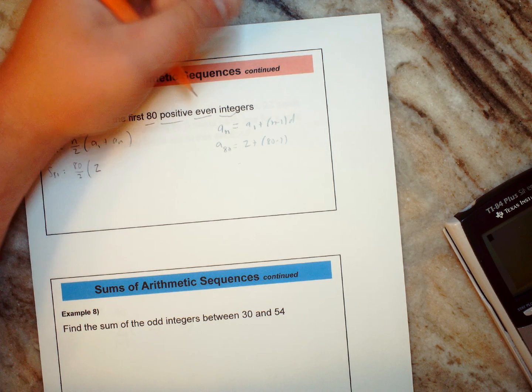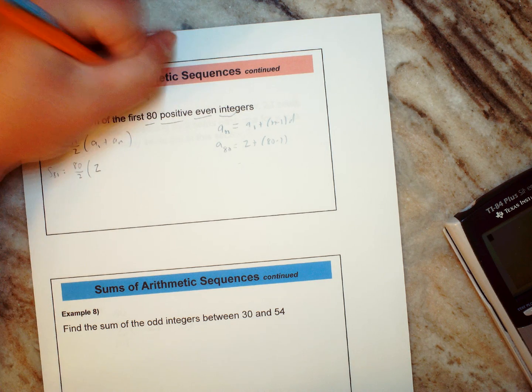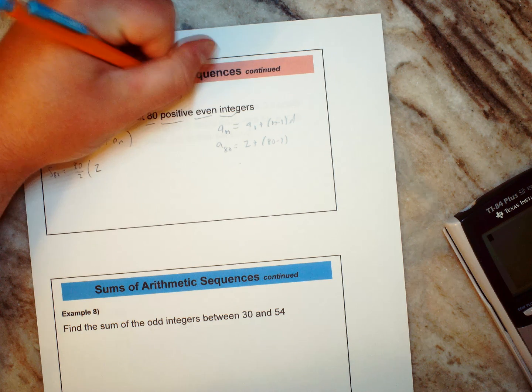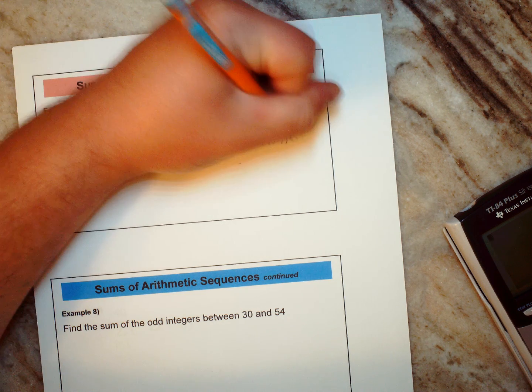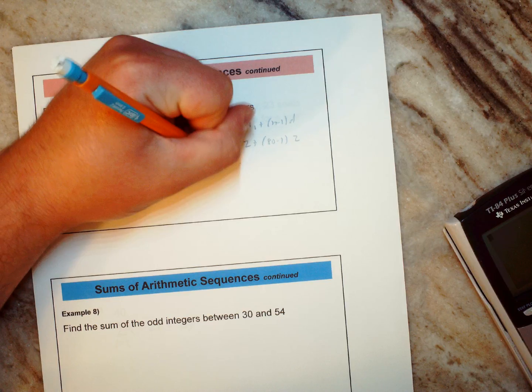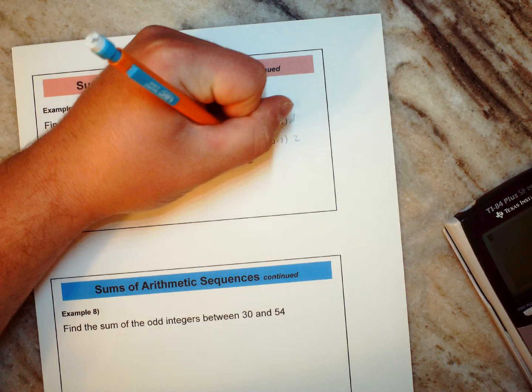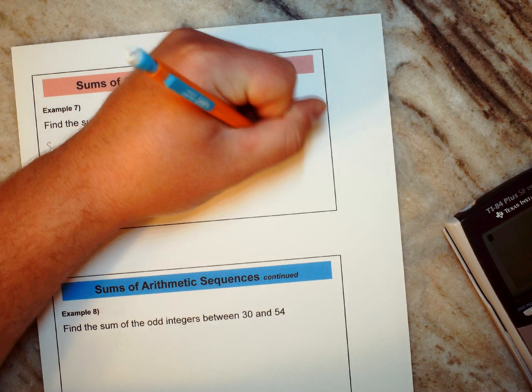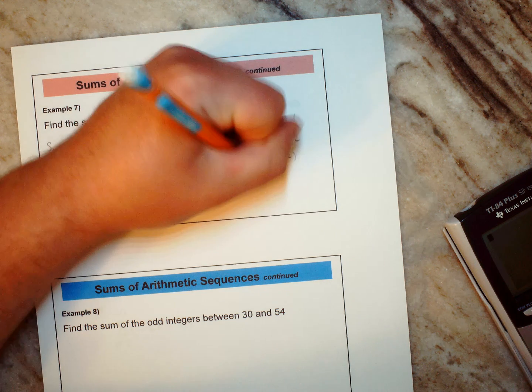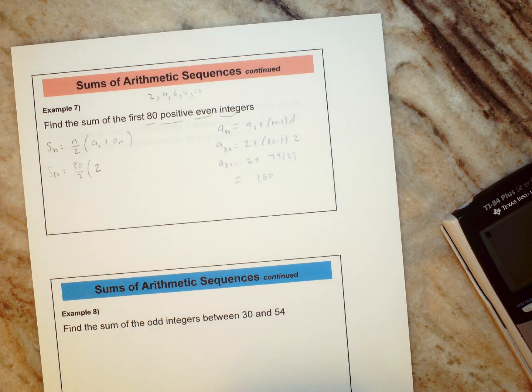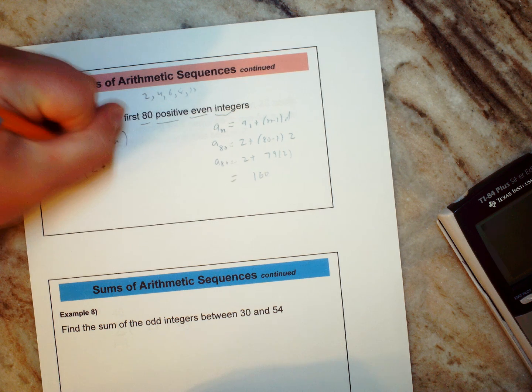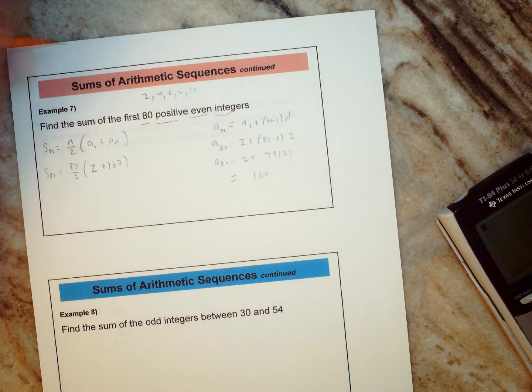What's the common difference? If you go 2, 4, 6, 8, 10, all the way up, it's 2. So 2 plus 79 times 2, and that should equal 160. So that's where I get the 160. Plug it in the calculator.